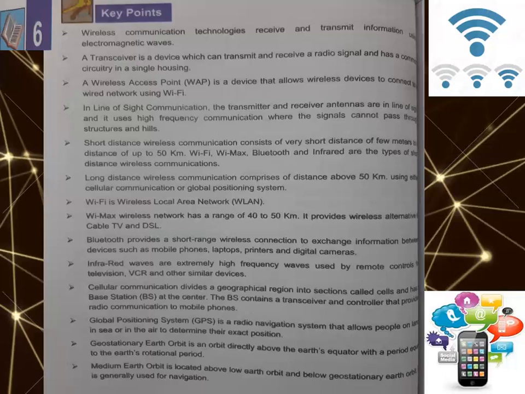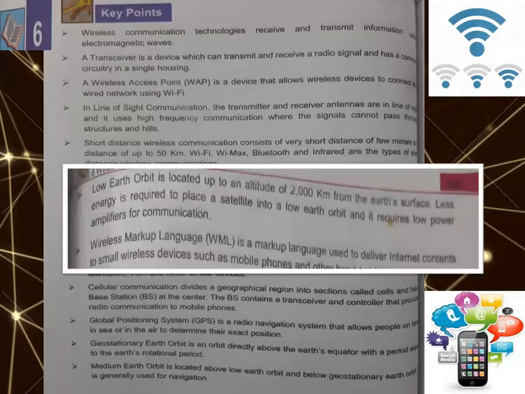GPS is a radio navigation system that allows people on land, at sea, or in the air to determine their exact position. Geostationary Earth orbit is an orbit directly above the Earth's equator with a period equal to the Earth's rotational period. Medium Earth orbit is located above low Earth orbit and below geostationary Earth orbit, and is generally used for navigation.